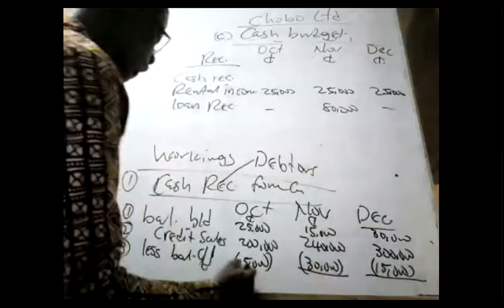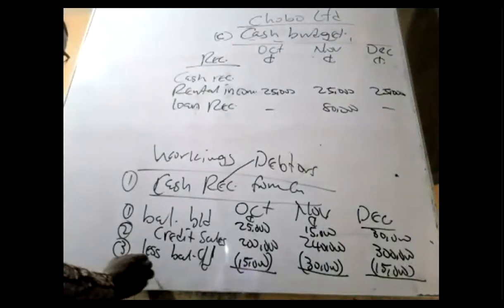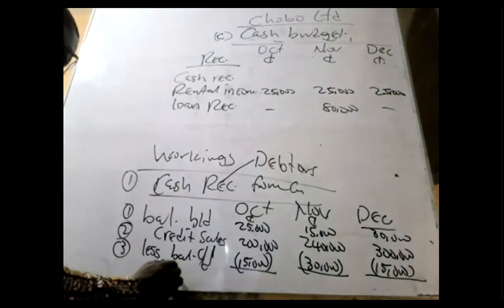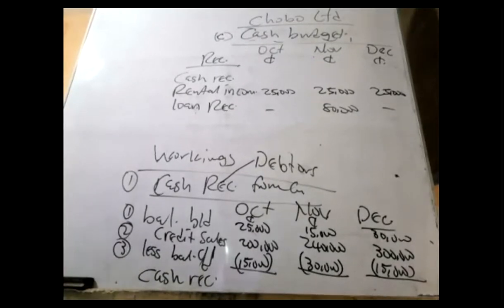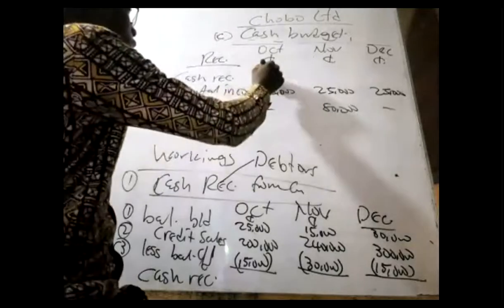So basically, what's the cash received? So cash received will be 210,000. I've recorded it here.